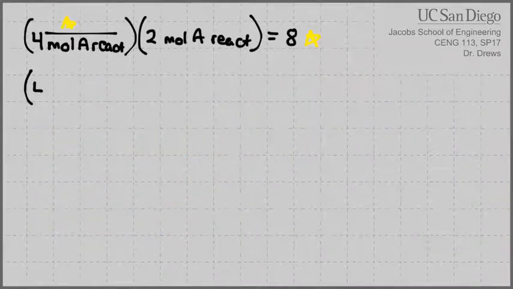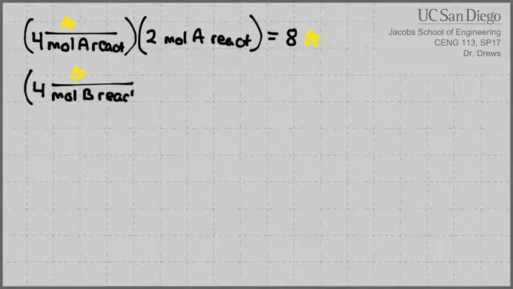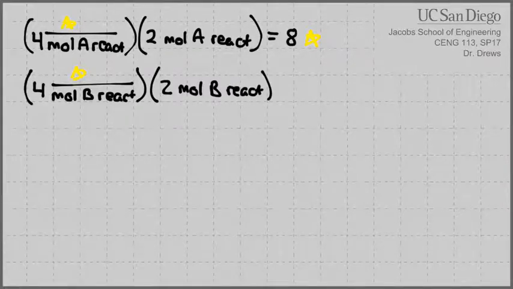So I could also write 4 stars get released per mole of B reacted, and I reacted 2 moles of B, and therefore I again got 8 stars.